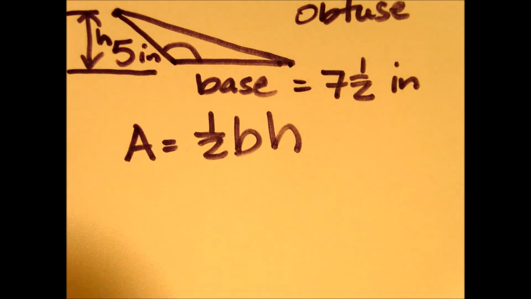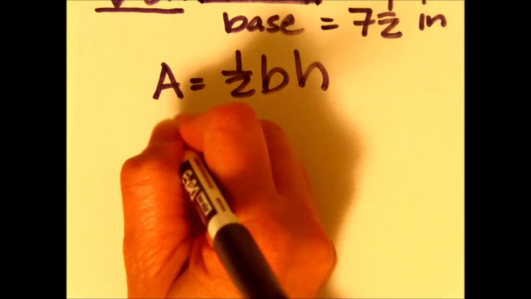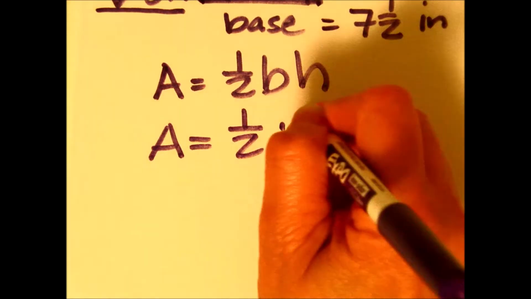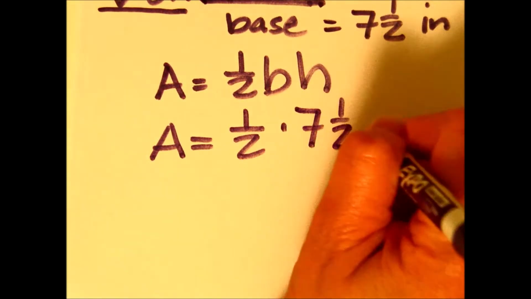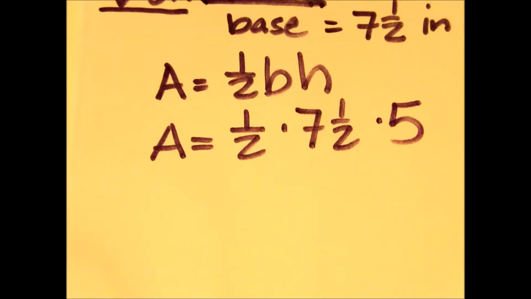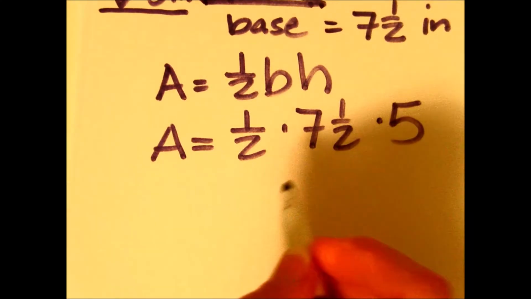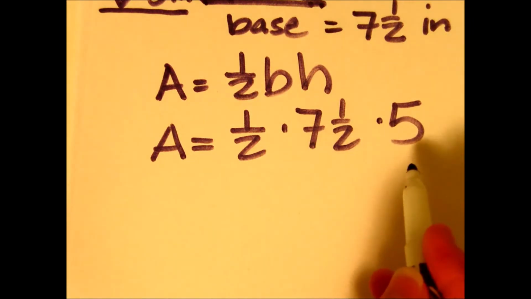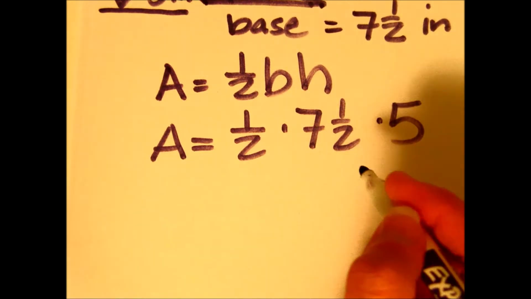Okay, so I'm going to plug in my numbers. Area equals 1/2 times 7½ times 5. Now it's kind of hard to just mentally do this problem in your head, so let's go ahead and do some calculating.